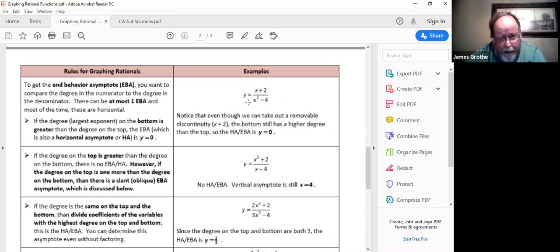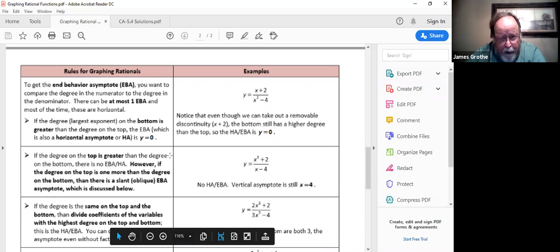So the denominator has a higher power than the numerator. When that's the case, as you'll see over here, the largest exponent on the bottom is greater than the degree on the top. The horizontal asymptote is simply y equals 0. And that's your x-axis, okay? And that's the case here. The x-axis would be your horizontal asymptote, okay?